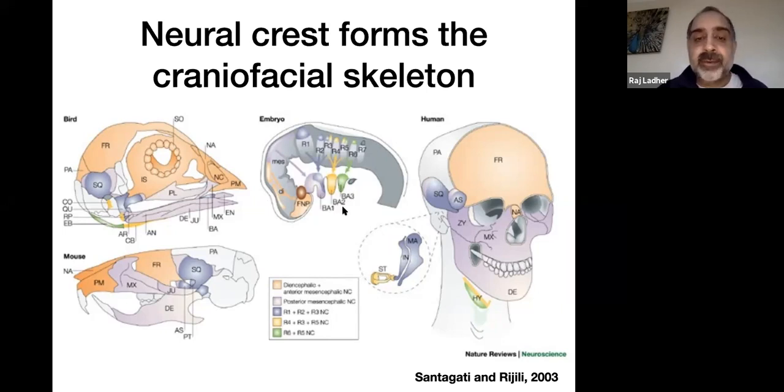So you have, of course, then the skull. The skull has bones that are formed from these various regions. So here is a frontal bone, for example, which is this bone here. This is primarily derived from the frontal nasal process.